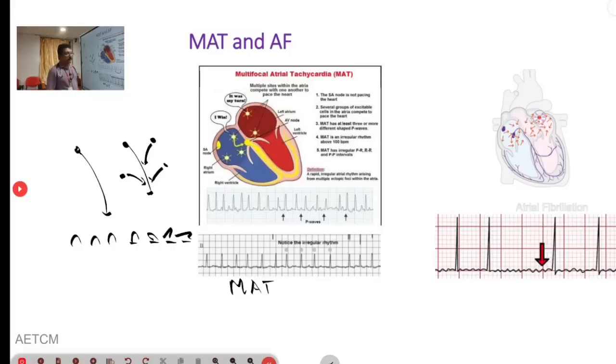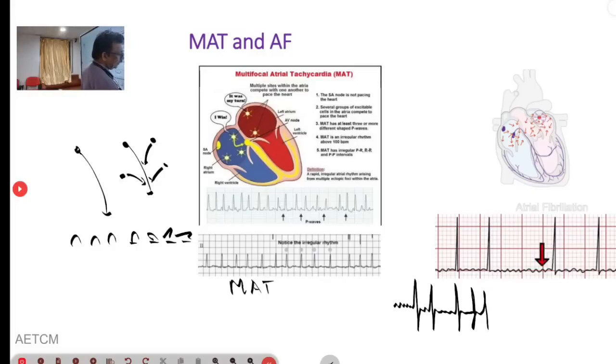Now the second change is, you are not able to see any P wave, but the baseline is wavy and you get QRS complexes and the RR interval is not equal, unequal. What is happening here is, normally SA node to AV node conduction occurs, it goes to the bundle and like this, but here there are multiple foci.